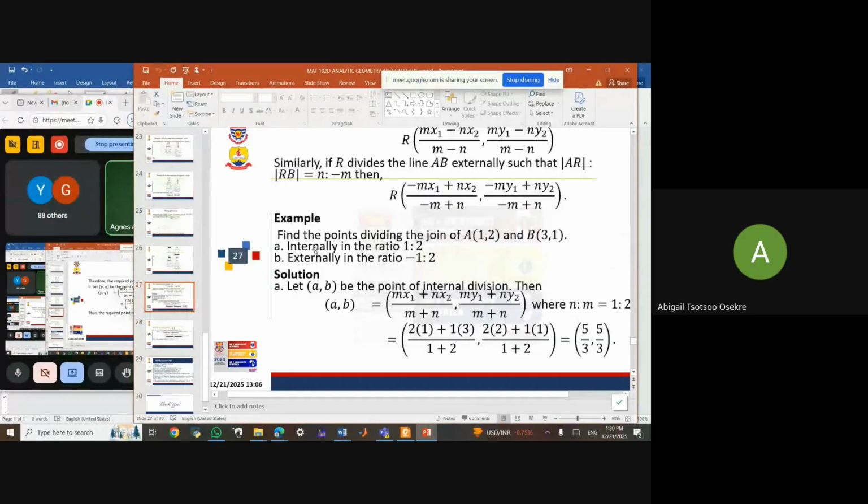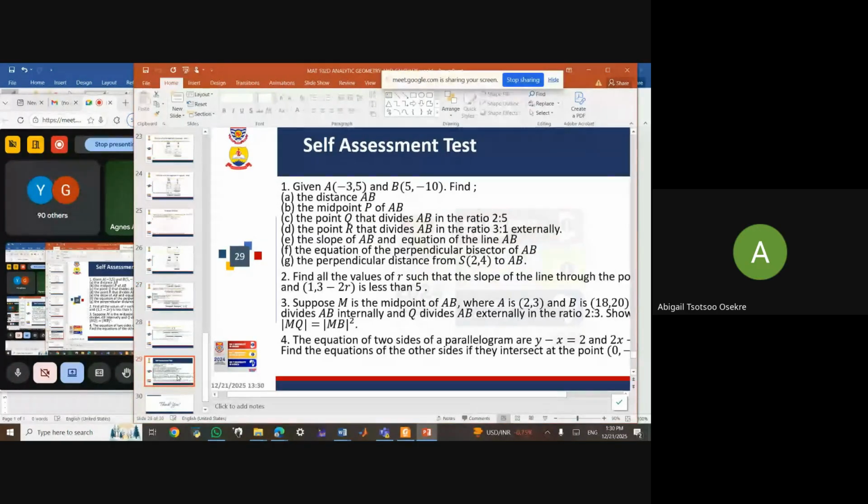So if I bring the negative sign at the end, like 1 is to -2, then we'll use the second formula. Yes. But in the substitution, you don't bring the negative again. Just bring the negative, then you write the 2. Okay. Thank you very much, madam.